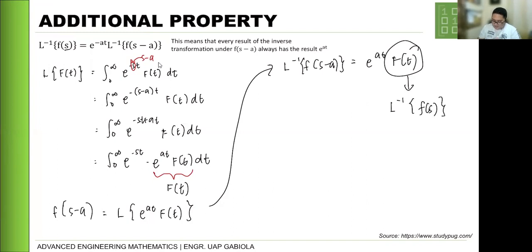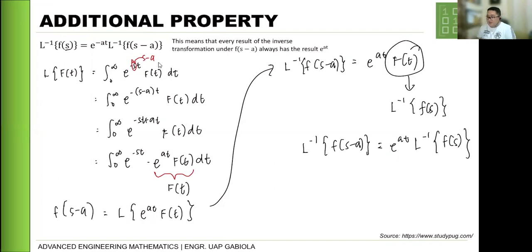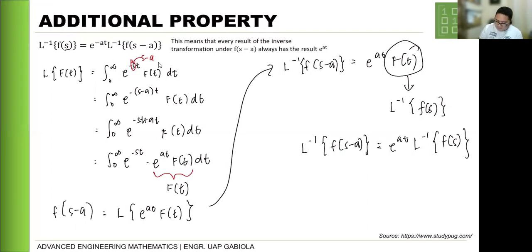Okay? So, this is equivalent sa L negative 1 of s minus a, equivalent to e^(at) L negative 1 of f of s. Okay? So, ayan. So, ano ibig sabihin yan? Ito yung pinakabago nating property ngayon.